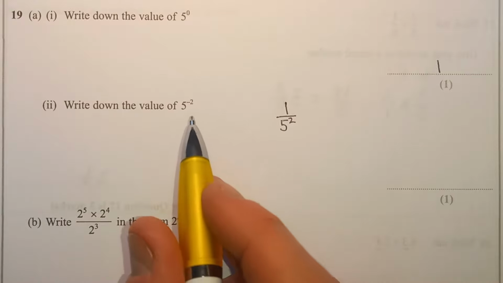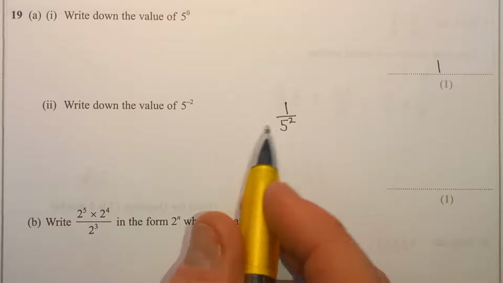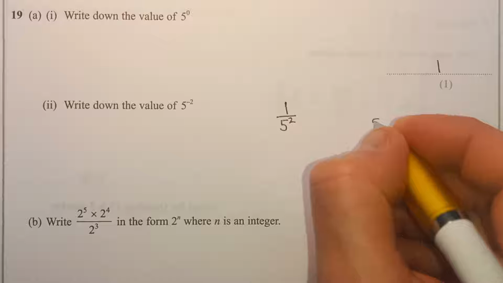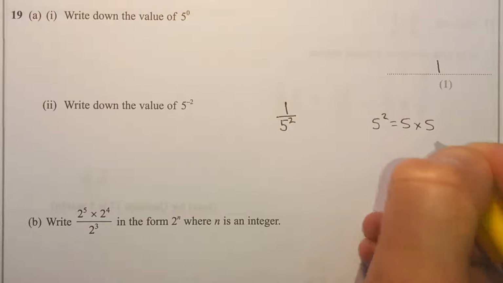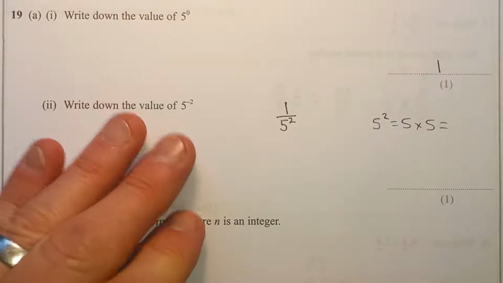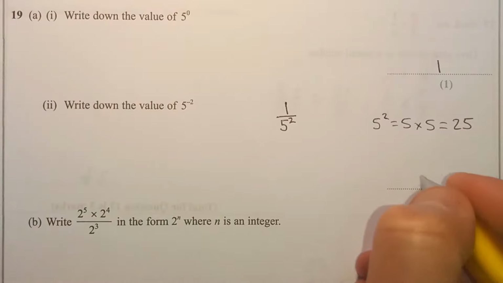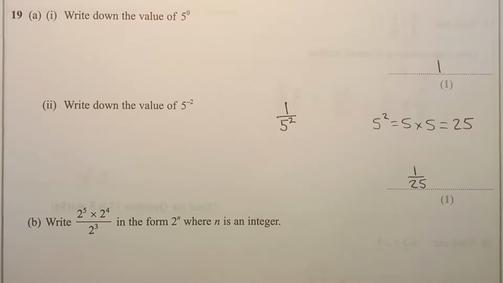So 5 to the minus 2 means 1 over 5 squared. And remember, 5 squared means 5 times itself. So we've got 5, 10, 15, 20, 25. So we end up with 1/25, or 1 over 25.